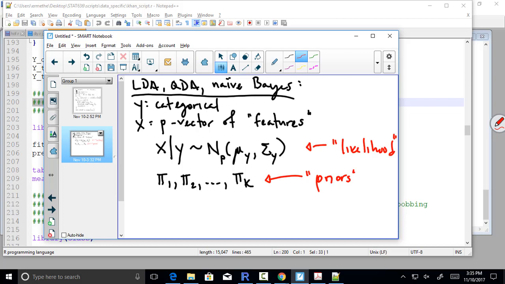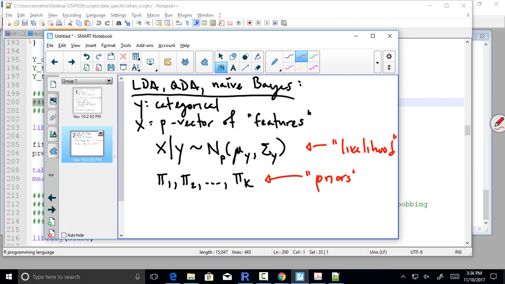Independent of those, if you just randomly picked an individual from the population of interest, what would you say is the probability they have tumor type 1? And what's the probability you would choose prior to seeing data that the tumor type is 2, and so on?